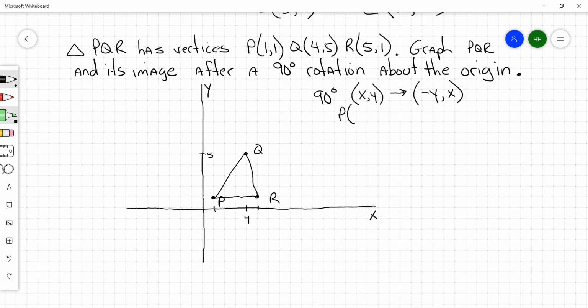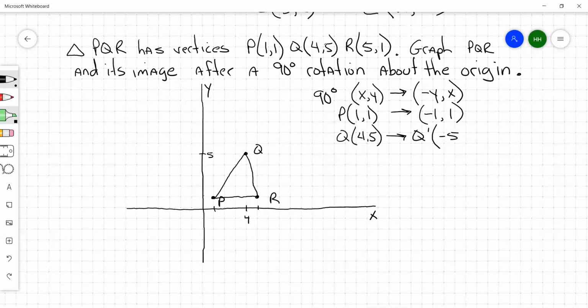So if our P is at 1, 1, then where's our P prime going to be? Negative 1, 1? Right? If our Q is at 4, 5, and we rotate, where's our Q prime going to be?